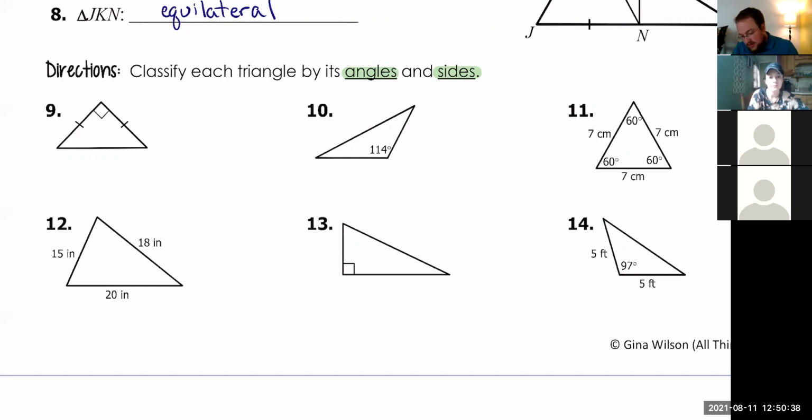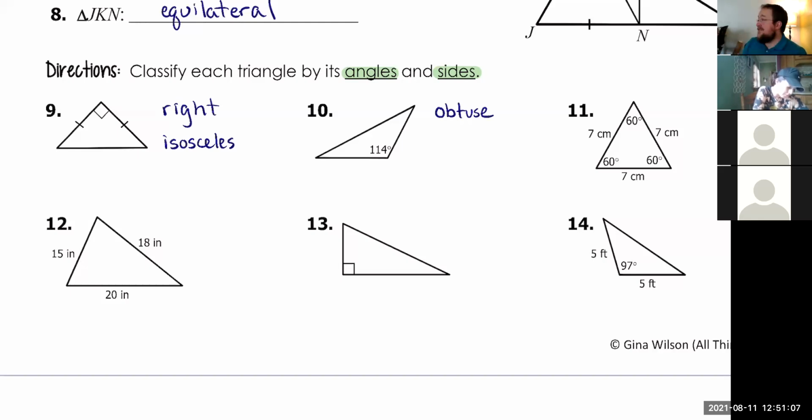Let's define it by the angle followed by the sides first and just try to stay consistent. So number 9, it would be a right triangle. And what about its sides? Isosceles. Right because of the 90-degree angle, isosceles because it has two congruent sides. What about number 10? Obtuse because of the angle greater than 90 degrees. And what about its sides?